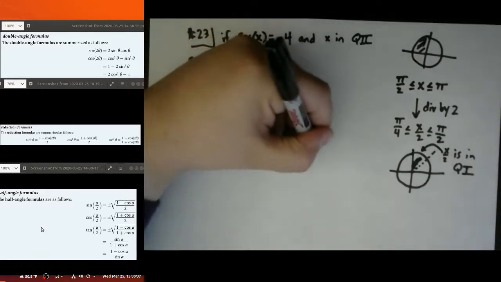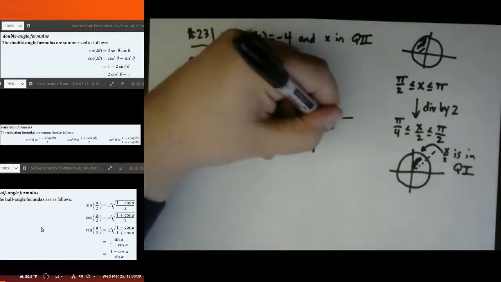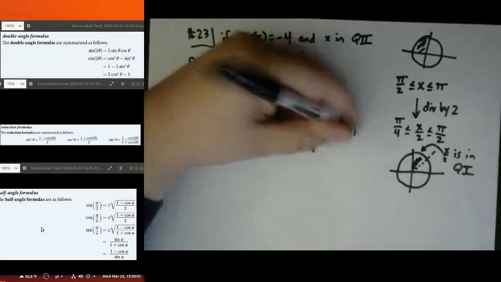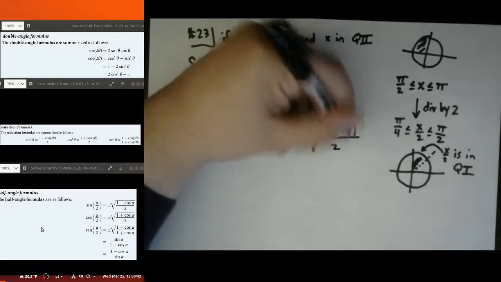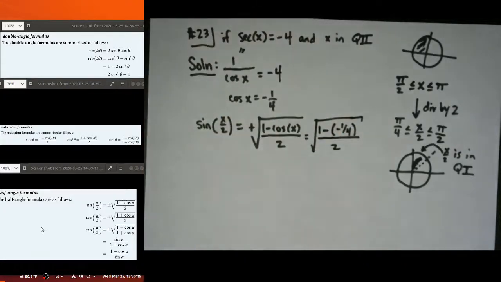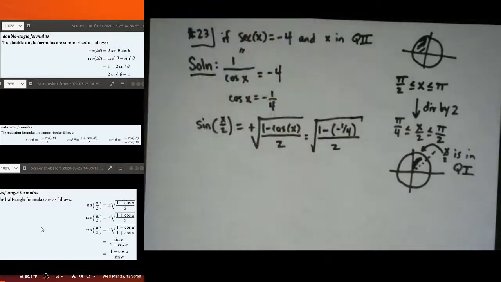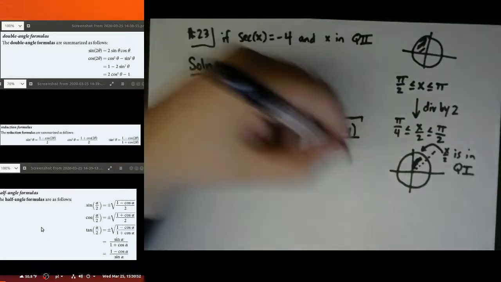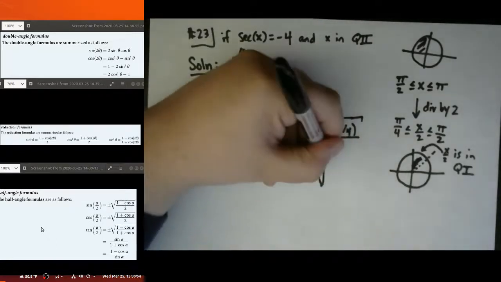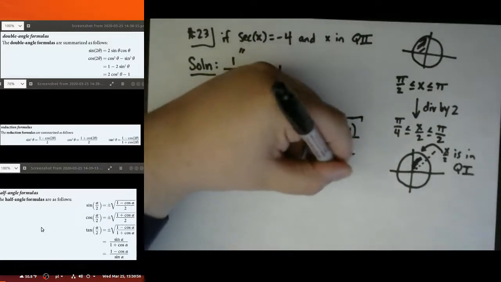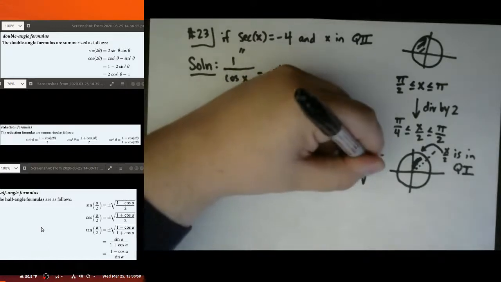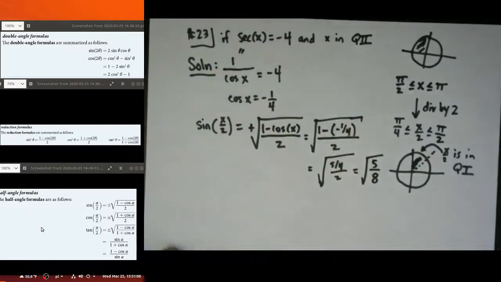So this is square root of 1 minus negative 1/4. Now that double negative can be tricky, but you have to just put things in as they are. It's really 1 plus 1/4, and that's 5/4. So you really get square root of 5/4 over 2. In other words, square root of 5/8. And that's sine of x over 2.